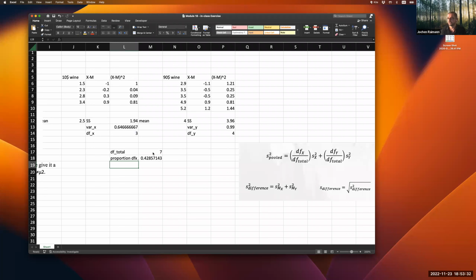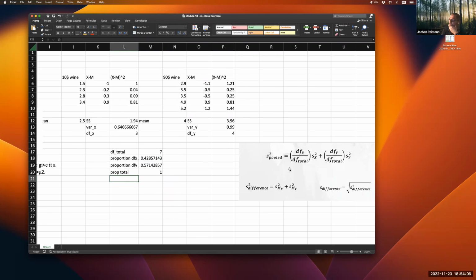A proportion of dfy is essentially nothing else but 4 divided by our degrees of freedom of 7. So we have 0.57 as a proportion of Y, with 0.43 as a proportion of X. So this adds up to 1, right? Logically. Good. So this is the proportion totally.